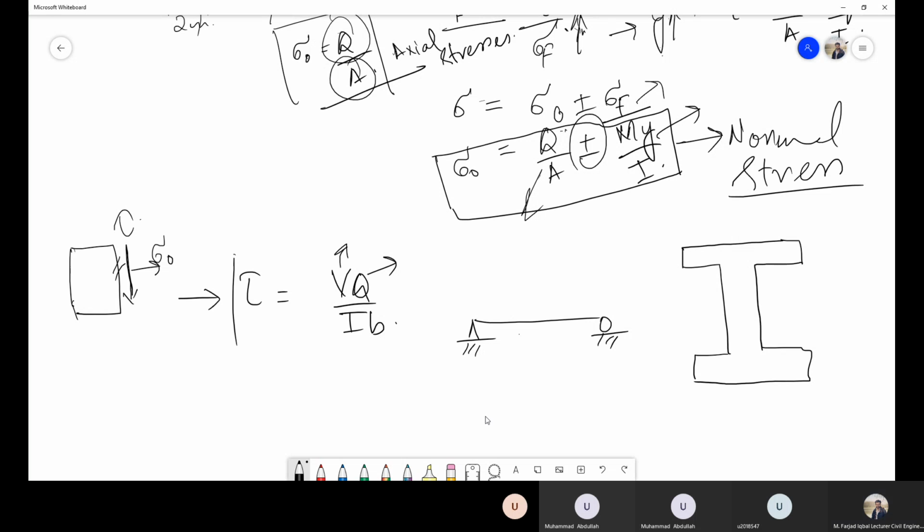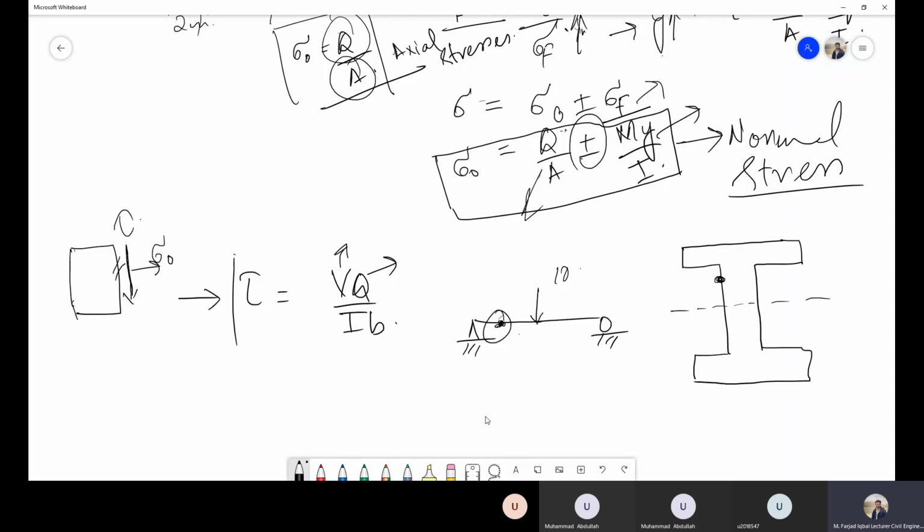Okay. So coming back to this beam, if we have this beam on which some load is acting, and I want to calculate the shear stress at this particular point, and in the cross section, this point is located somewhere over here, right? So what will be my first step? First step is I will figure out the shear force at this point.